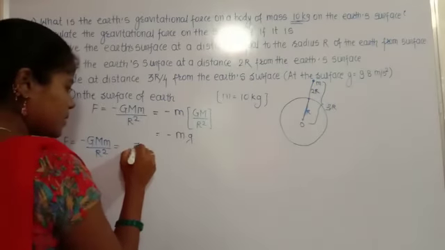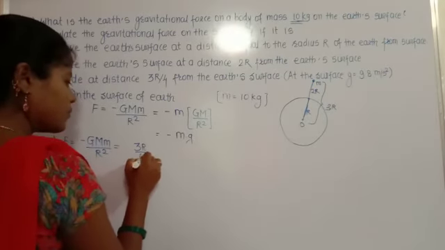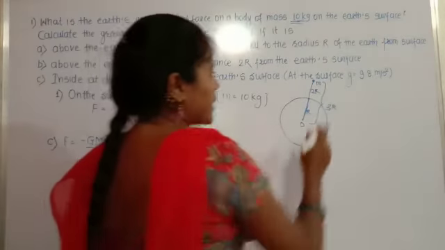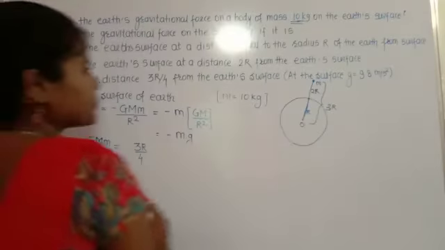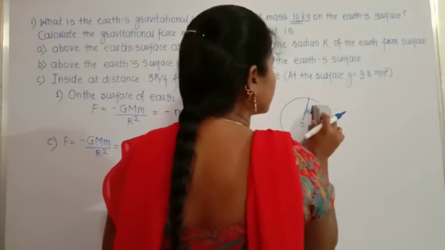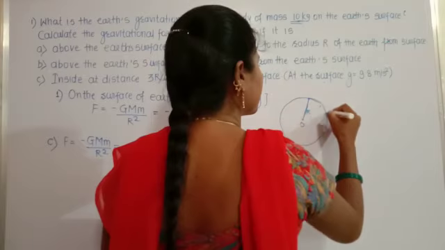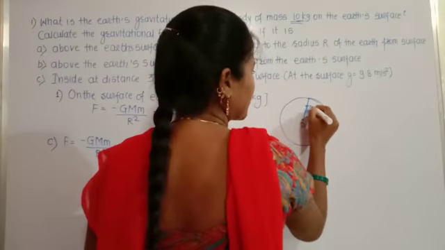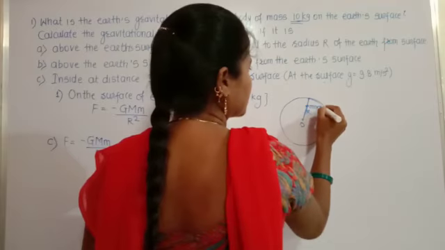We have the original distance as R, and the diagram is like this: the point is situated here, mass M, 10 kg.